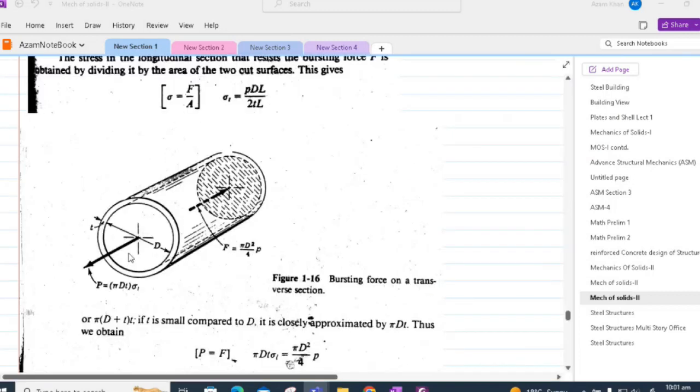Now, if we consider this other free body diagram of the transverse section, we will find that the bursting force acting over the end of a cylinder is resisted by the resultant P of the tearing force acting over the transverse section. We can find an analogous formula for the bursting force F.